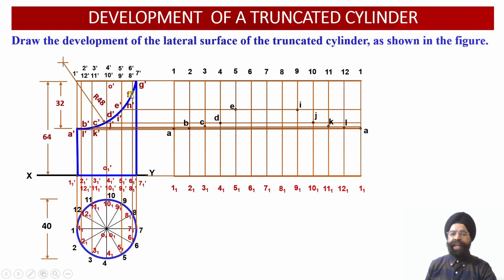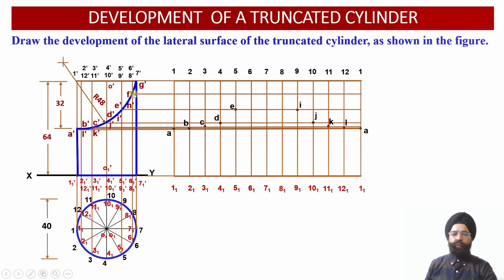Now the next 2 points happen to be F dash obtained on 6 dash and 6 1 dash, and H dash obtained on 8 dash and 8 1 dash vertical generator over here. So now we have obtained 2 points of intersection at this position.